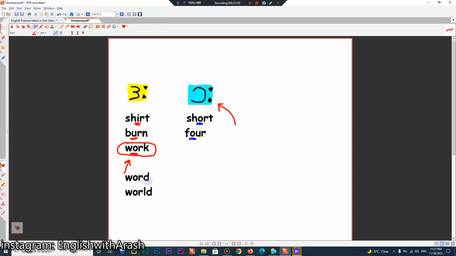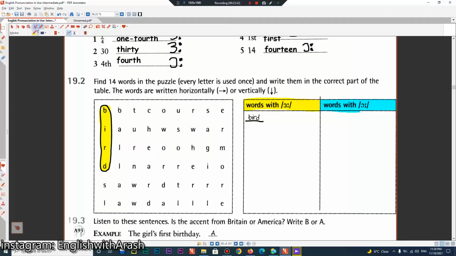You have to be careful because all of them are the E sound, like shirt, burn, work, word, world. So you can write your words here. You can type them, I will find them. And you should tell me, is it yellow or is it blue, for example. Bird is yellow, so you can type bird and then type yellow, and then you can find other words. Each letter is used only once.